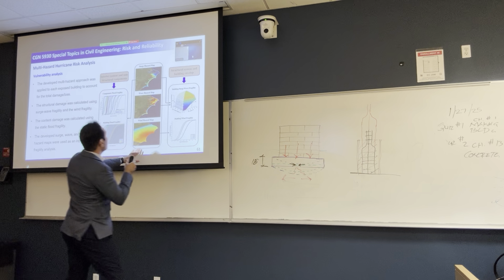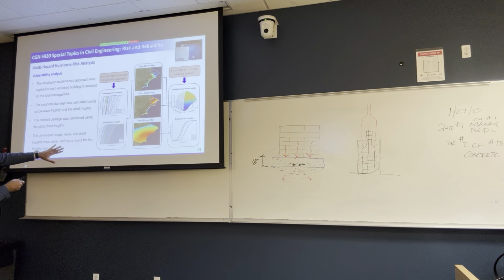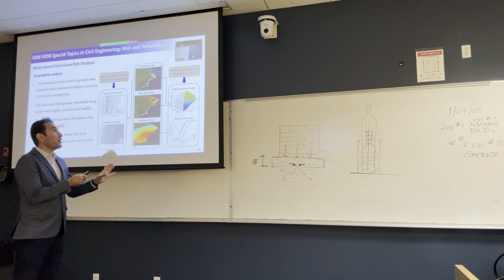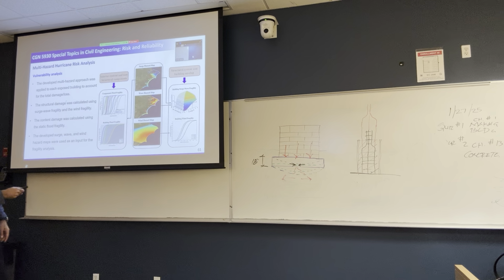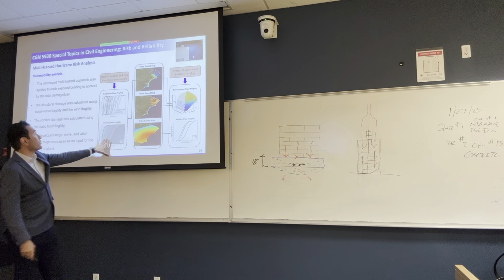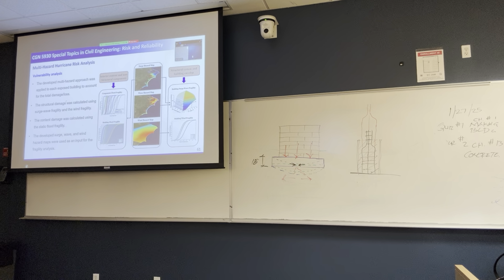All right, so vulnerability modeling, as I told you, that's what I did. I took the storm surge and used the fragility function to do the interior content damage, because water is going to cause content damage. But combined water and wave is going to cause structural damage that comes from the combined impact of storm surge and wave. And wind can cause the wind structural damage. So this shows structural damage, this shows the interior damage.